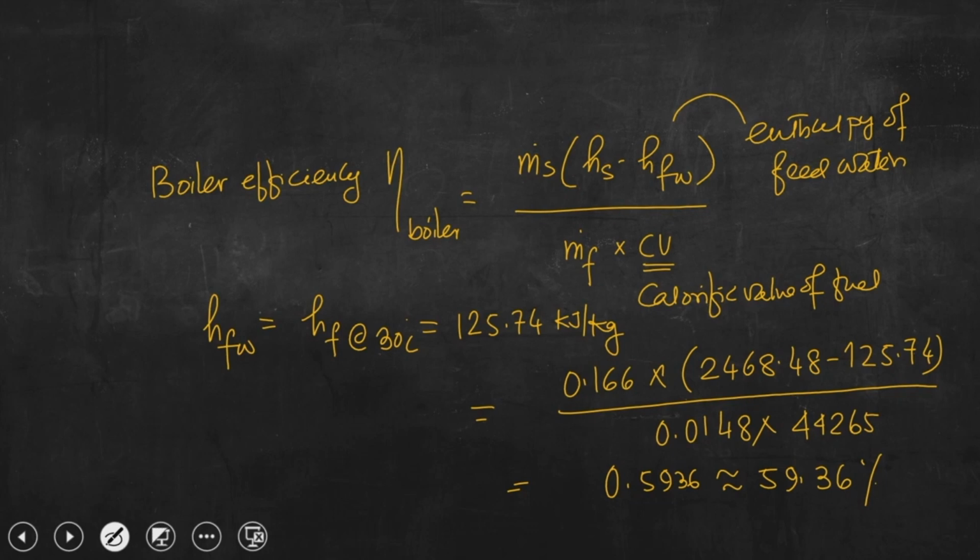Now, the question is, even if we consider the efficiency to be roughly 60%, why is the remaining 40% not available? This is very important.